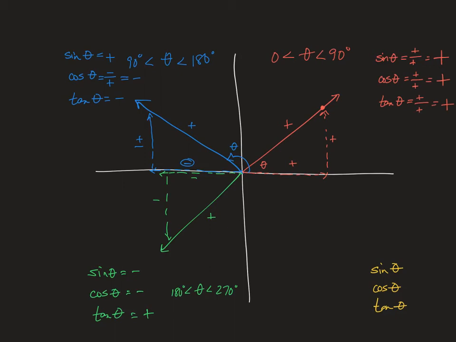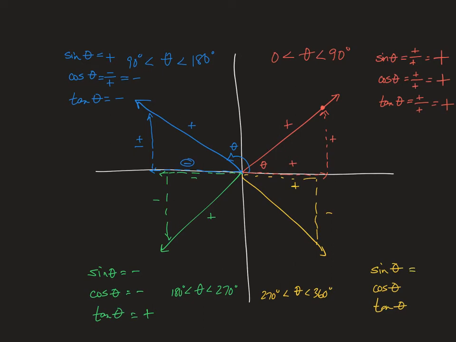Now moving into quadrant 4, any angle in quadrant 4, if we're rotating in a positive direction, must be greater than 270 and less than a full rotation, 360. For us to get into that quadrant means I have to move to the right, which is positive, and I have to move down, which is negative.